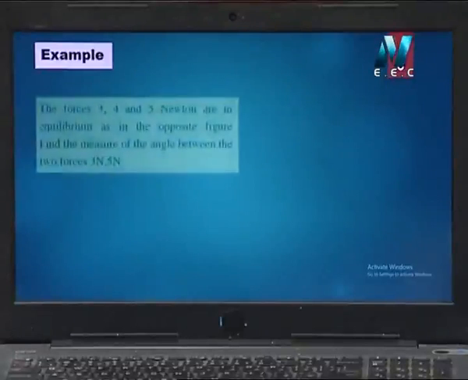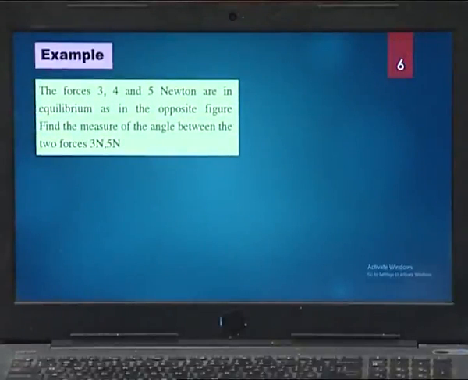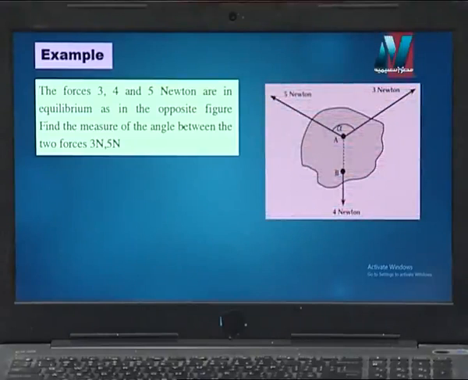Okay, concentrate with me again. We have here an example. The three forces 3 Newton, 4 Newton, and 5 Newton are in equilibrium, as in the opposite figure. Find the measure of the angle between the two forces 3 Newton and 5 Newton.